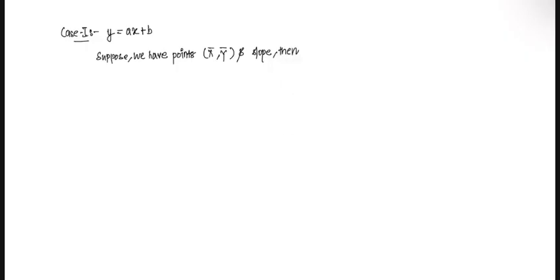Then, the slope intercept form, what you have learned in the straight line of class 11: y minus y bar is equal to slope times x minus x bar. And here we need to find the slope.